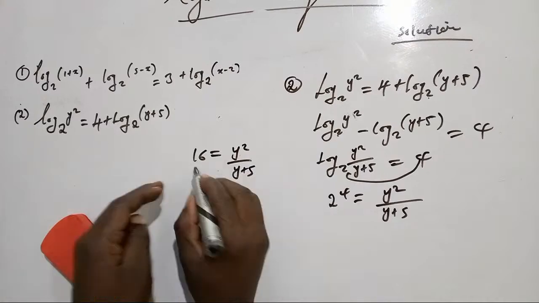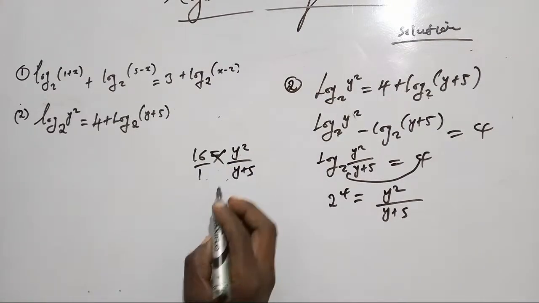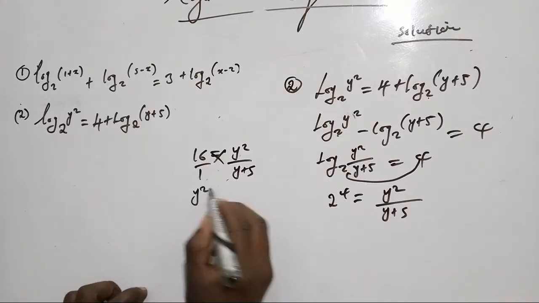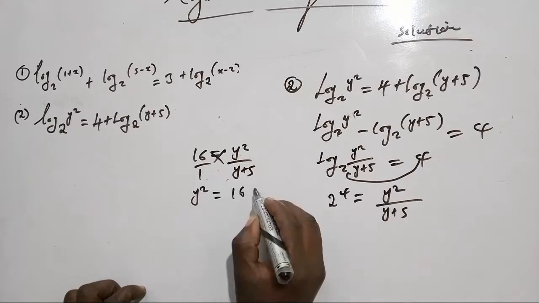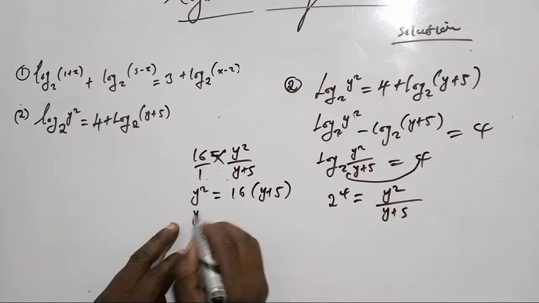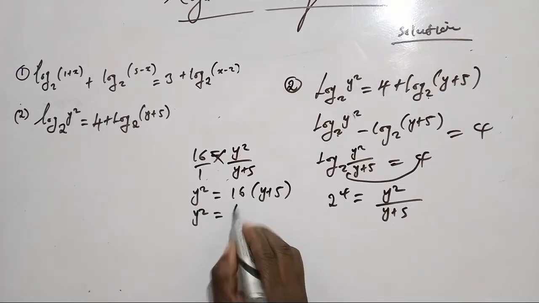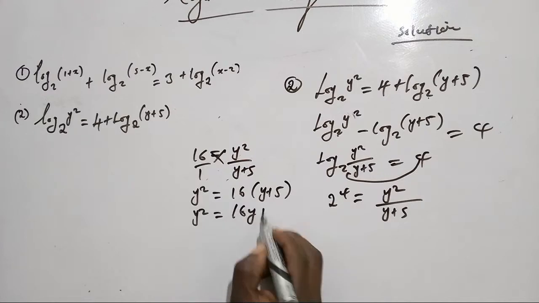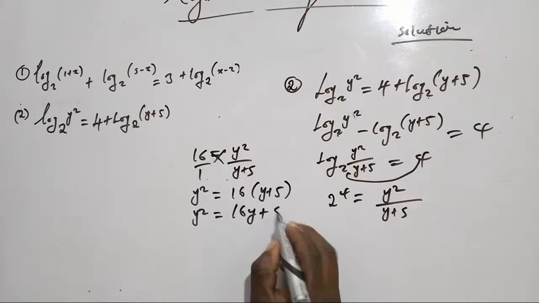Then here you cross multiply now. y times 1, you're going to have y squared, which should be equal to 16, open bracket, y plus 5, right? Then y squared equals 16 times y, you're going to have 16y, then plus 16 times 5, you're going to have 80, right?